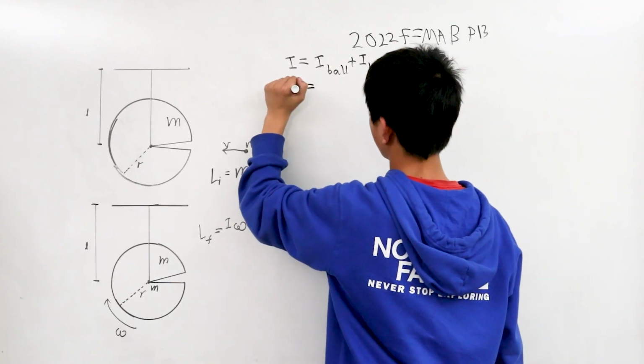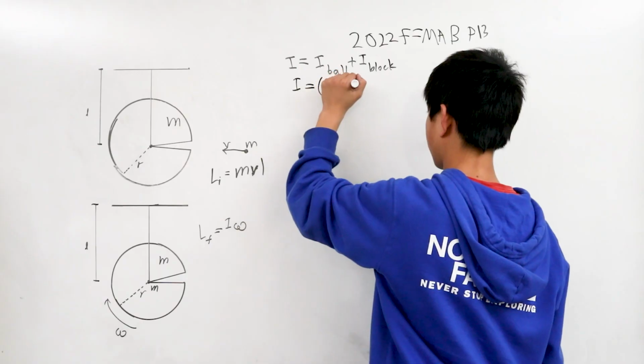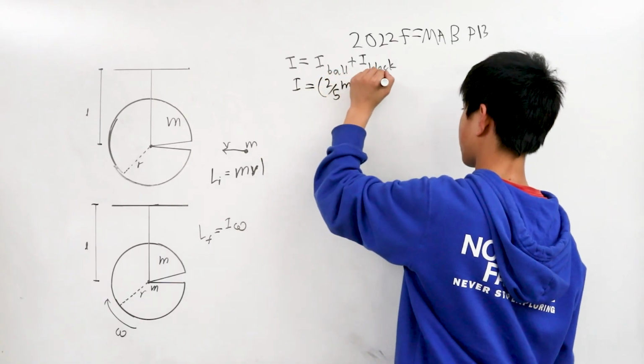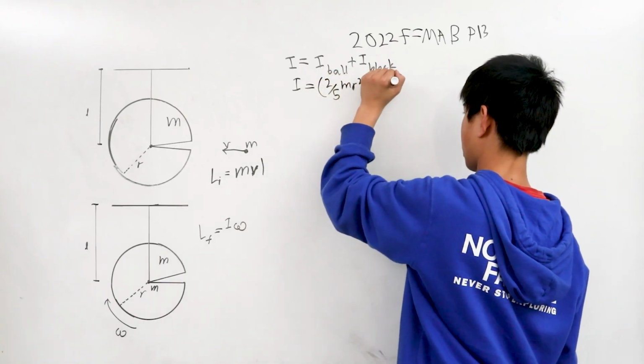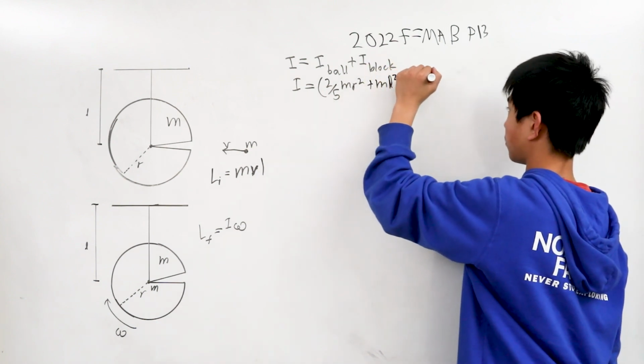The ball is 2/5 times m R squared plus m L squared. Then the block is simply m L squared.